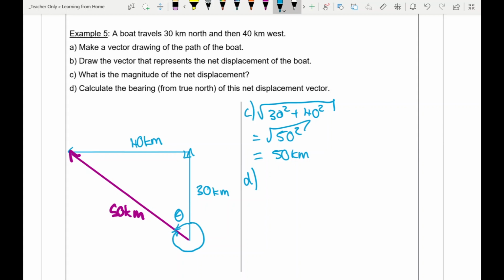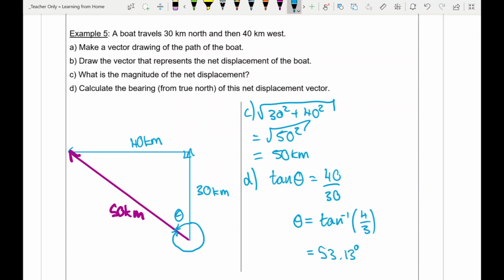So we're going to use the tangent function. Opposite is our 40, and our adjacent is 30. So theta is going to be the inverse tan of 4/3. And tan inverse of 4/3 is 53.13 degrees.